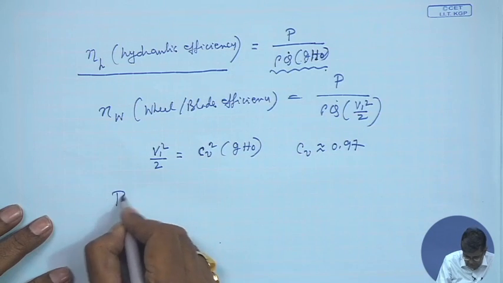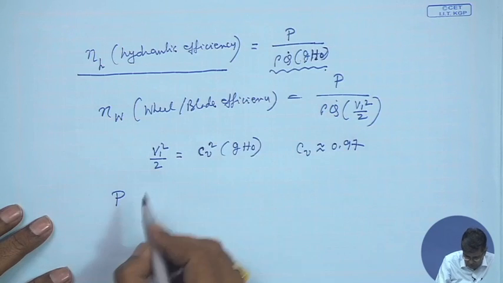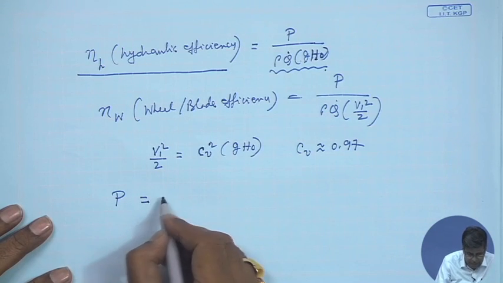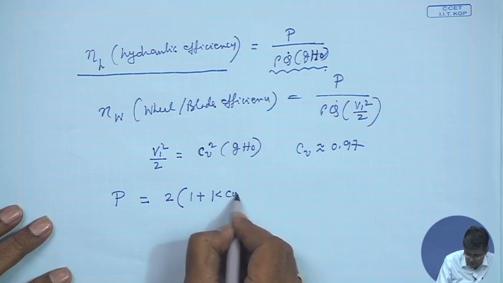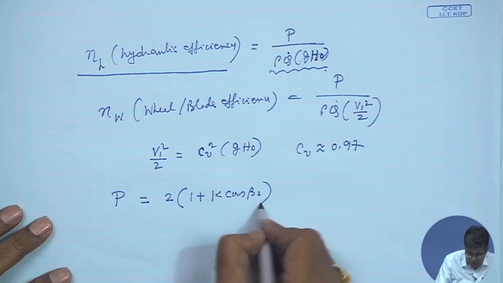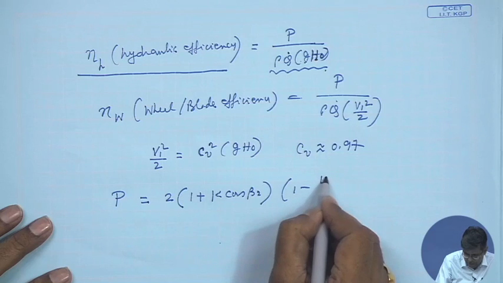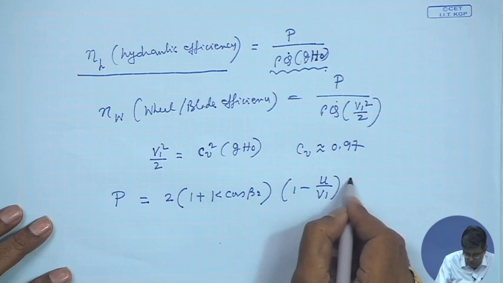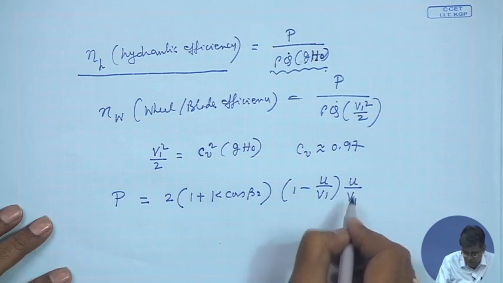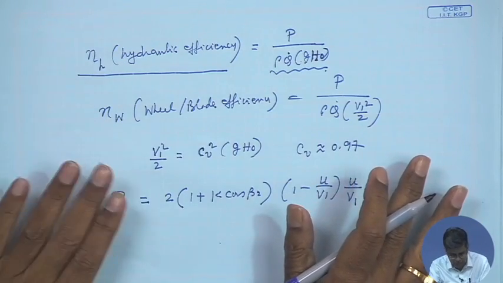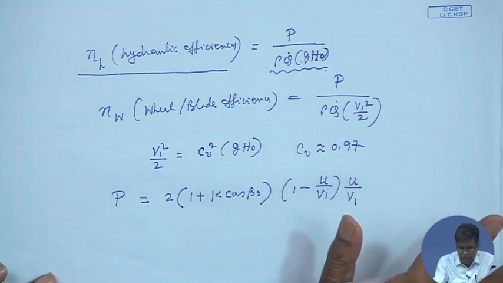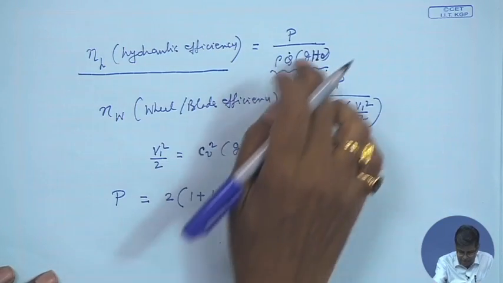The final output from the rotor is again 1 plus k cos beta 2 into 1 minus, all these nomenclatures are known to you, u by V1. These are all things which are clear in one place for the Pelton wheel.